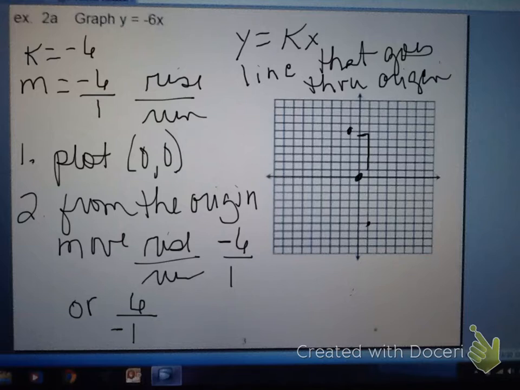And there is your line. I'm off my line. Try that again. Oh, don't forget to label your x and y axis.